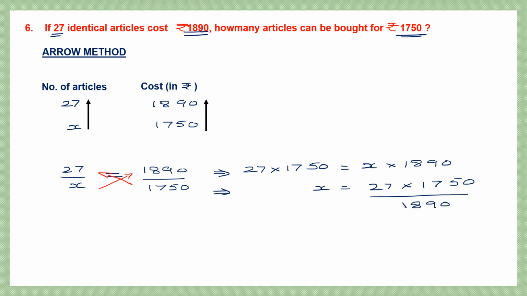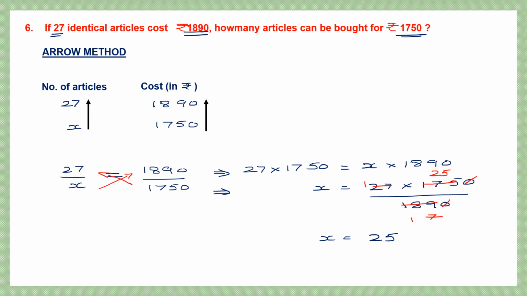Now let's cancel what we can. We can cancel 1 0 and 1 0 here. We can also cancel 27 and 189: 27 ones, and 27 into 7 is 189. We can also cancel 7 and 175: 7 ones, and this is 25. So we have found the value of x, and x is 25.